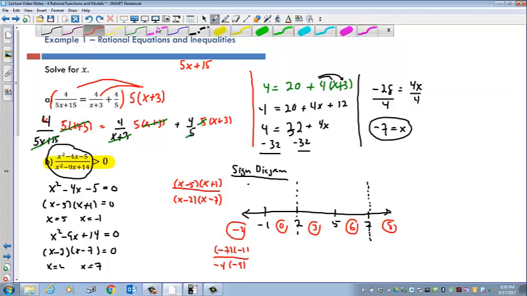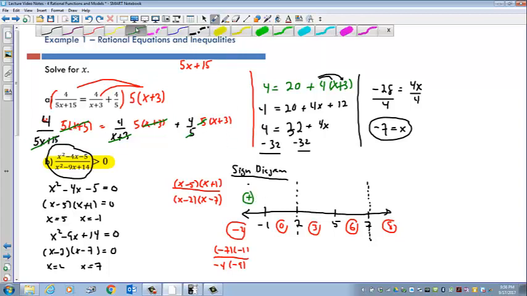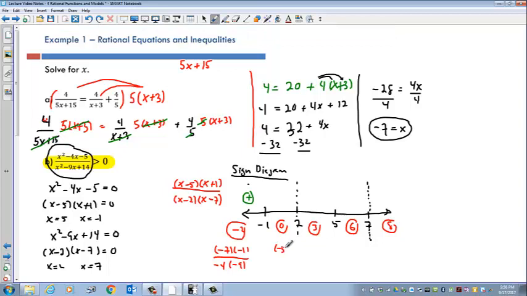So let's put a plus there, and we'll do it in green because plus is like good stuff. And then let's plug in 0 now. If we plug 0 in the top, you get negative 5 times 1. Plug 0 in the bottom, you get negative 2 times negative 7. So on top you have a negative number, on bottom you have a positive number. Negative by a positive is negative.